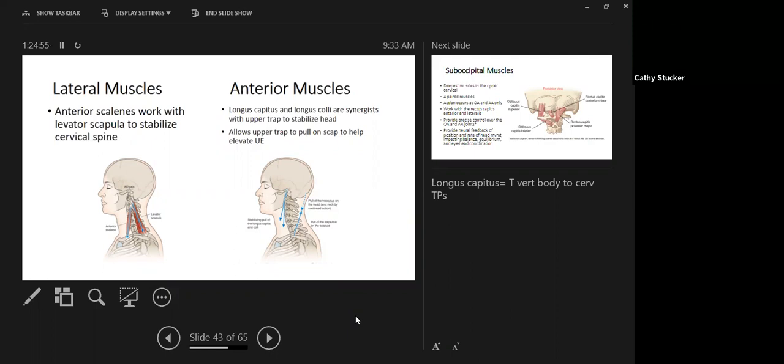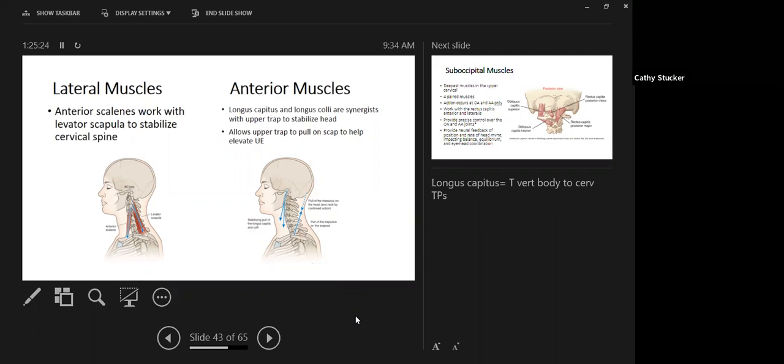They're synergists for stability. And a lot of times we get tight anterior scalene, so then our levator scapula gets really fired up because it's working so hard to fight that tight anterior scalene that you get tightness, you get trigger points up in the upper and right at the base of your cervical spine. So levator can be a problem for some people with forward head posture.